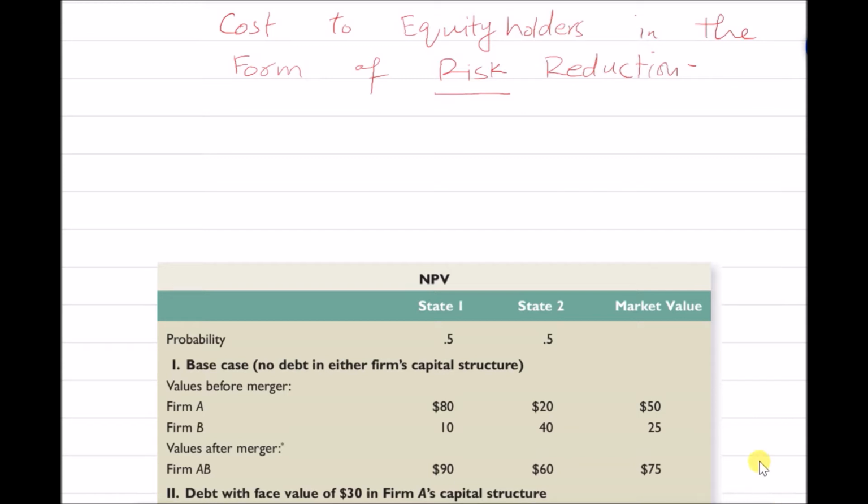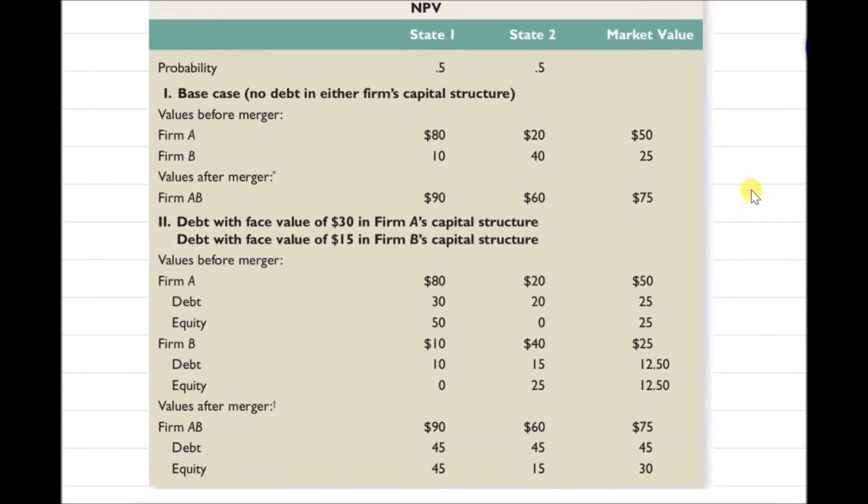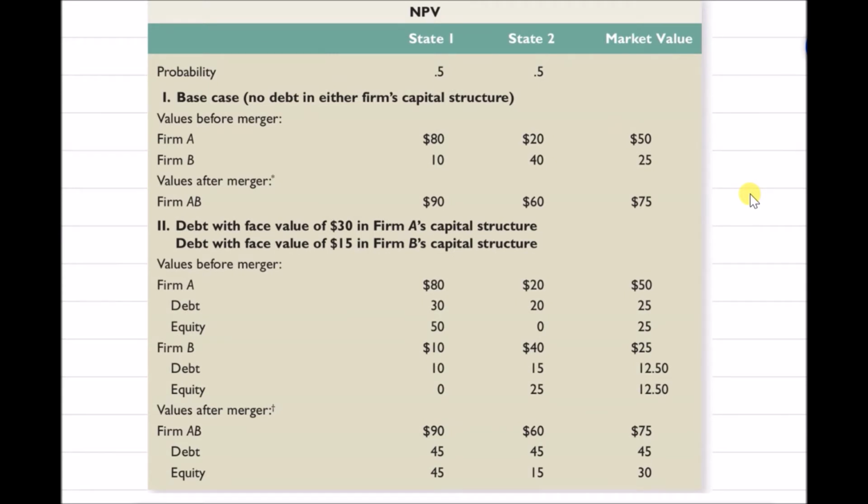Now let's move to another case, in which we have face value of debt $30 in firm A's capital structure and $15 in firm B's capital structure. So here we have firm A whose value is 80 and 20, right? We can calculate its market value by multiplying them with their probabilities and adding the value of both states, and we will have $50.